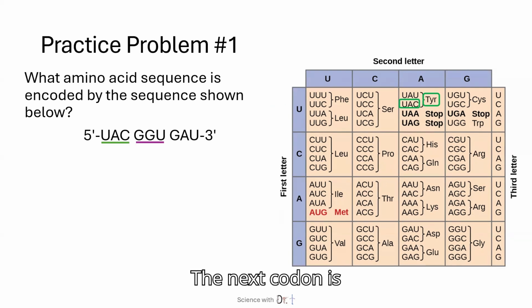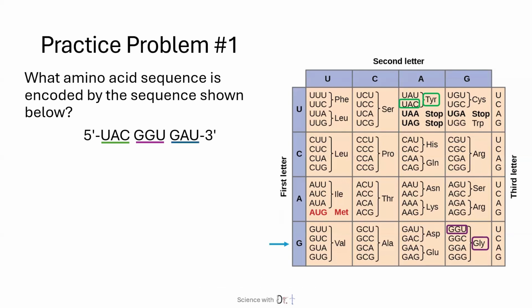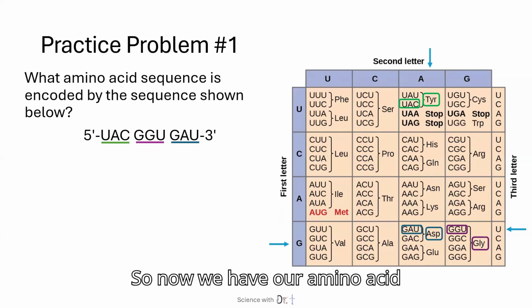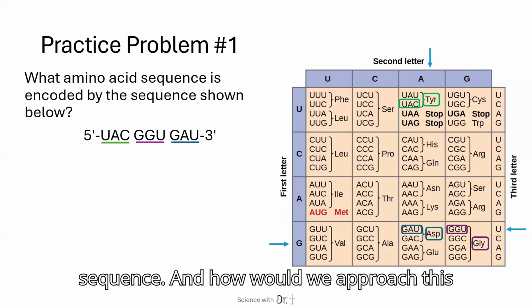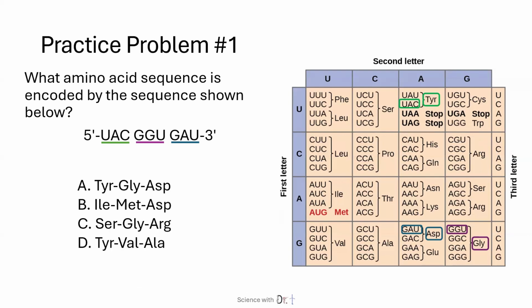The next codon is GGU, and this codes for glycine. The last codon is GAU, which codes for aspartic acid. So now we have our amino acid sequence. And how would we approach this if it was a multiple choice question?